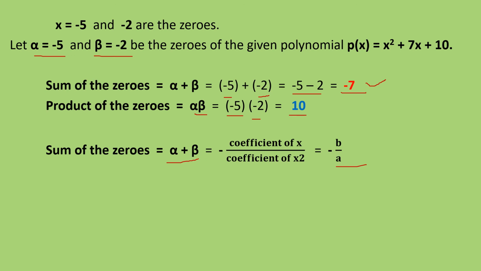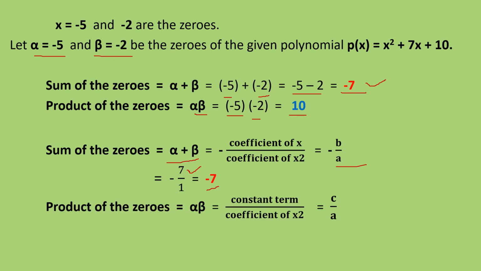Comparing, the value of b is 7. And a is the coefficient of x square, so a is 1. So minus 7 upon 1 is minus 7. So the sum of the zeros with the relationship is minus 7.